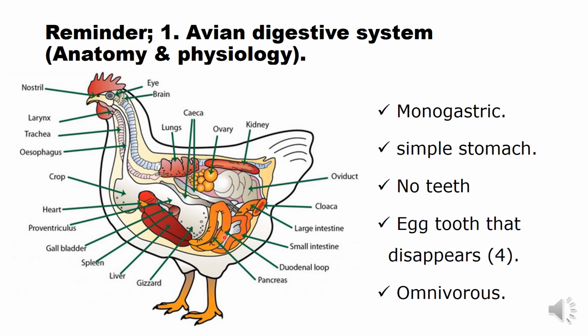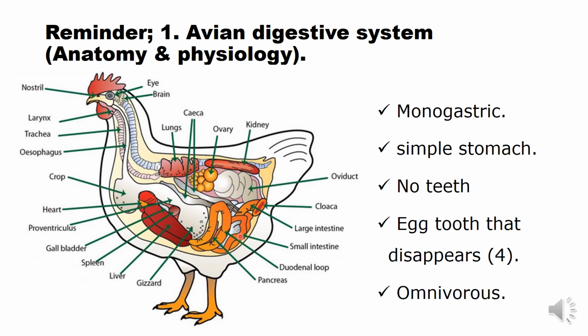Then we have the pancreas that produces the pancreatic juice and glucagon. Food moves in the small intestine, where absorption takes place. Then it goes to the large intestine, where it's mainly the reabsorption of water. Then this food will go to the cloaca for temporary storage, then passed out through the vent.